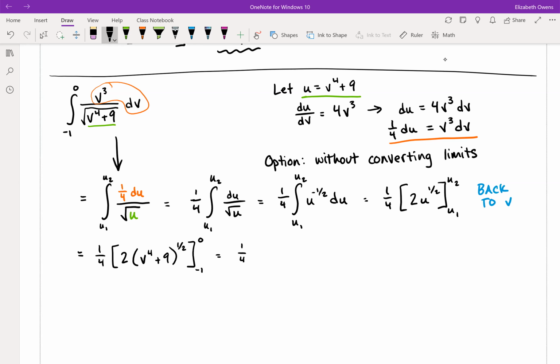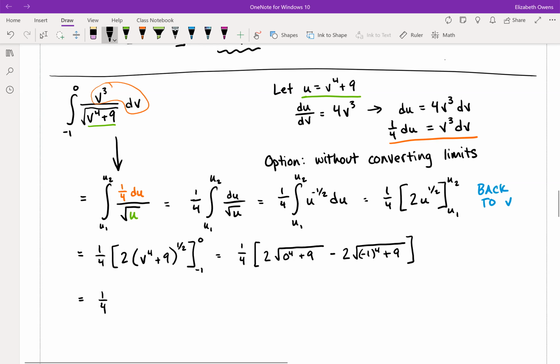Okay, so we got 1/4, 2 square root of 0 to the 4th plus 9, and minus 2 square root of -1 to the 4th plus 9. There we go. Got some familiar stuff popping up here.